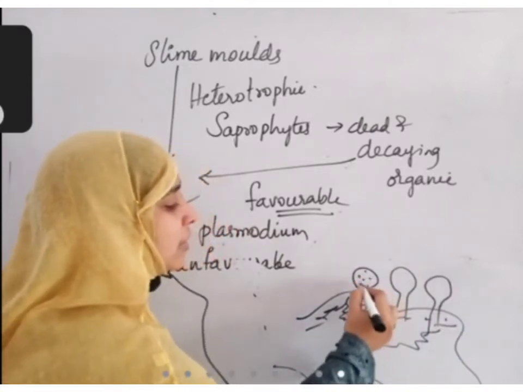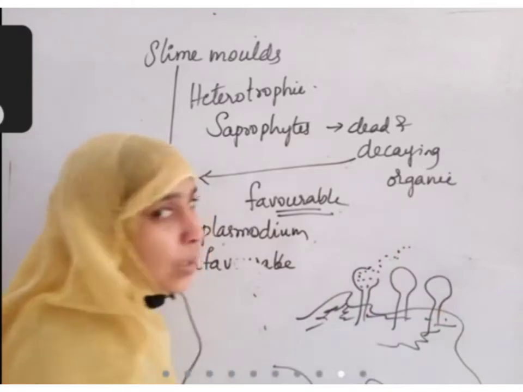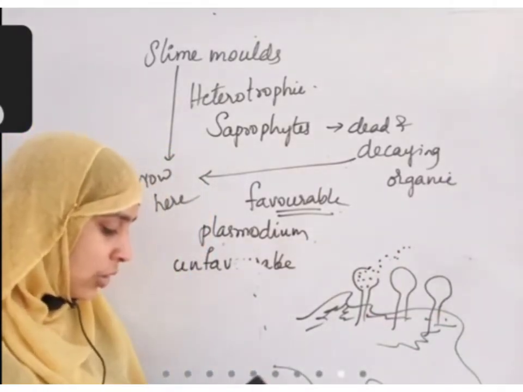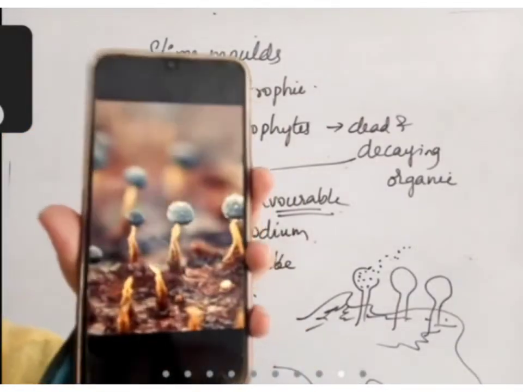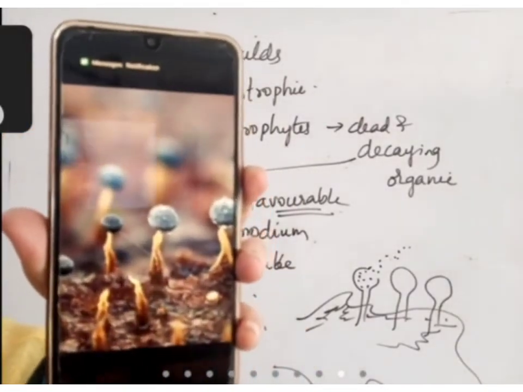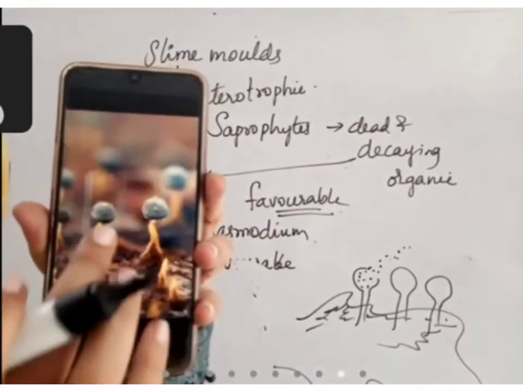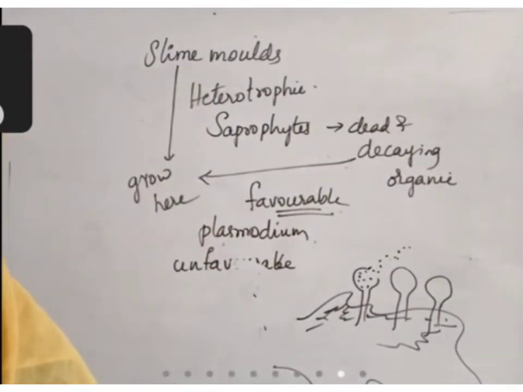In this, spores are present. If this bursts open, all the spores will be released and each one can give rise to a new slime mold. You can see these are all spores arising from slime molds, okay. If the climate is not favorable, then it turns like that, right, okay.